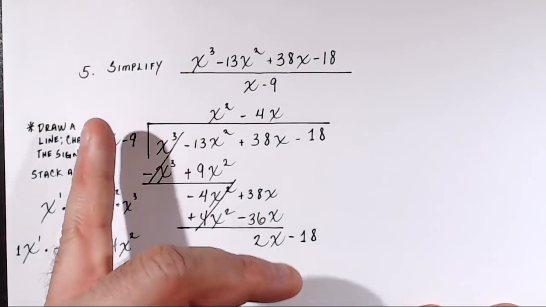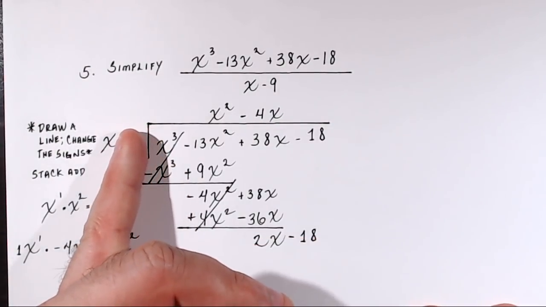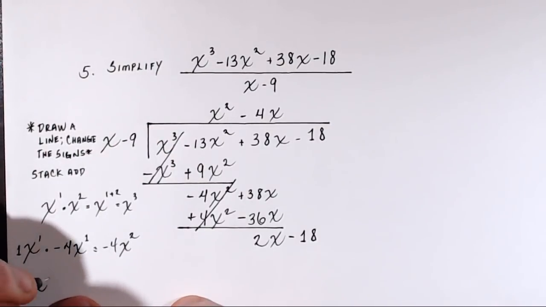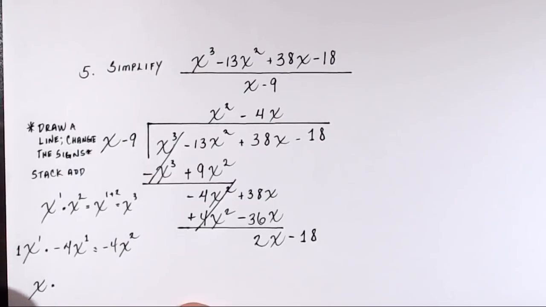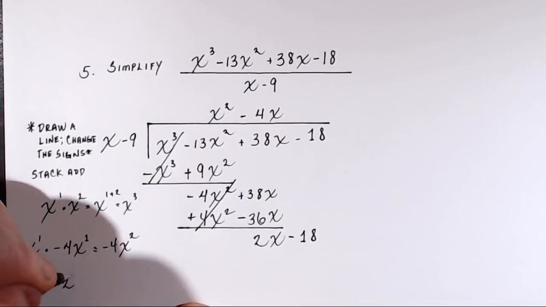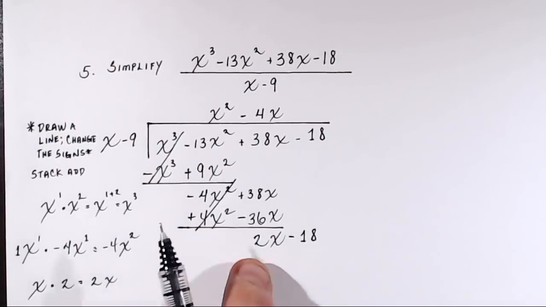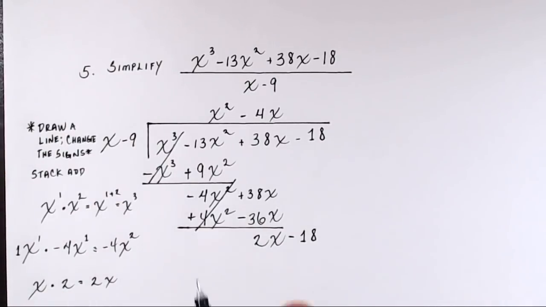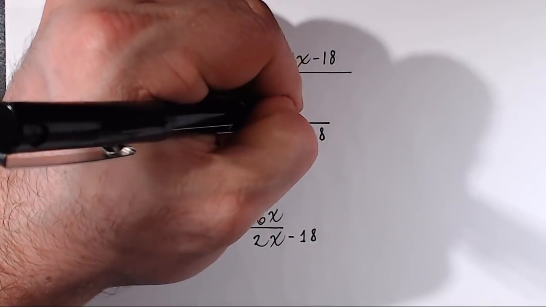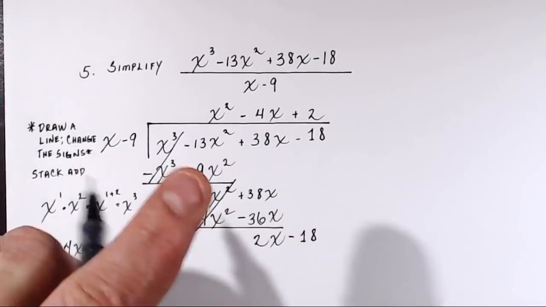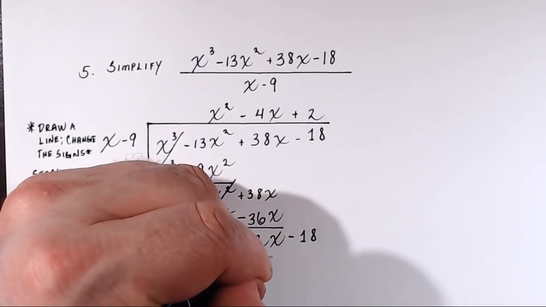What do I have to multiply by x to get 2x? So x times what equals 2x? x times 2 equals 2x. So it's 2. Put a positive 2 up here. Okay? So that should be the quotient. We'll see if there's a remainder. First we'll multiply 2 times x, and that's 2x.